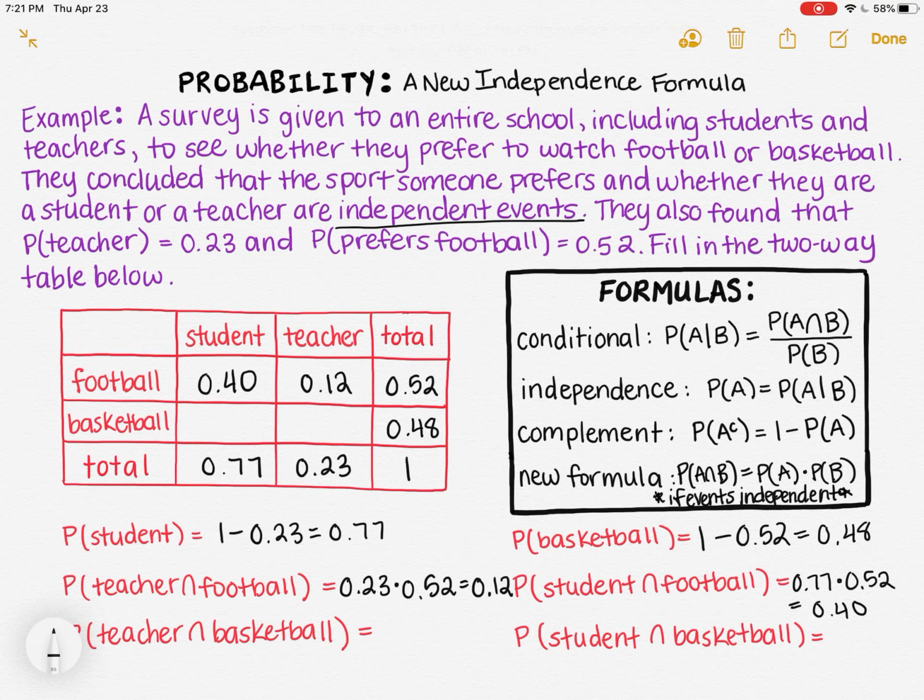Now, to find the last two values, we could use that same formula again, but there's actually an easier way. If I want to find the probability that someone is a teacher and prefers basketball, I already know that the probabilities in my column under teacher need to add up to 0.23. So I can take 0.23 and subtract the probability I already have in that column, 0.12, to get the missing probability, which would be 0.11.